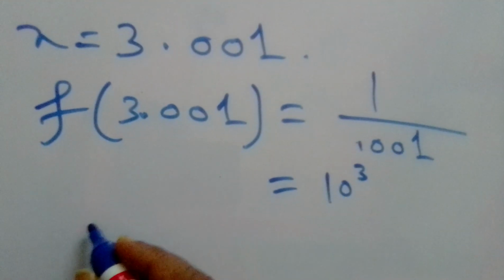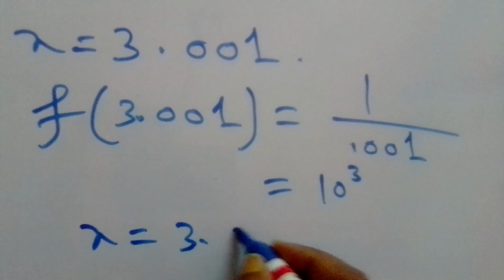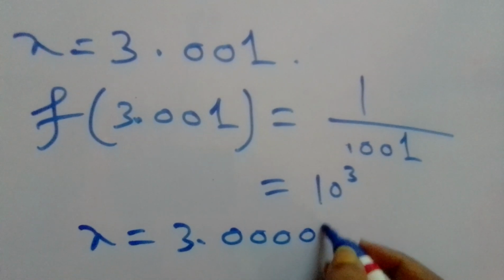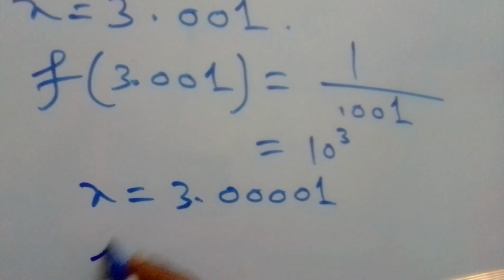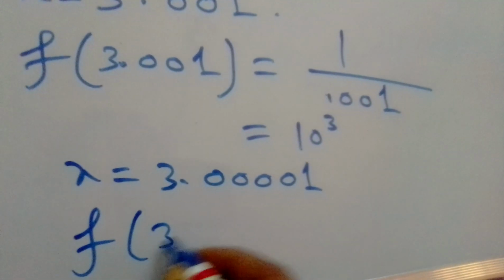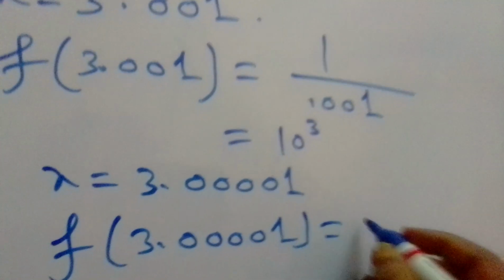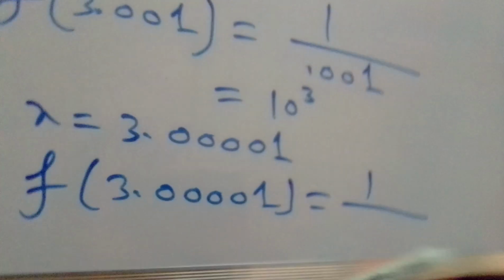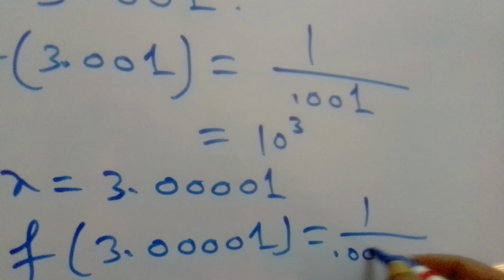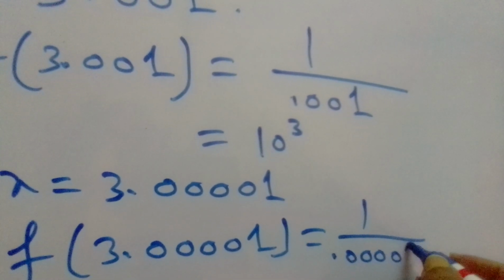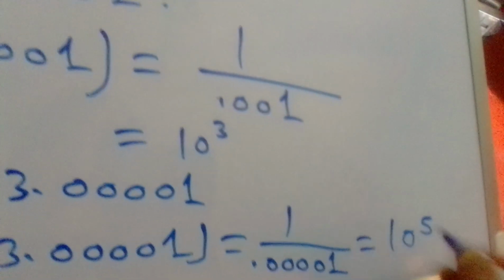And if we take x equals 3.0001, with one extra zero, then f goes to 1/0.0001, so it goes to 10 to the power 4. A huge result.